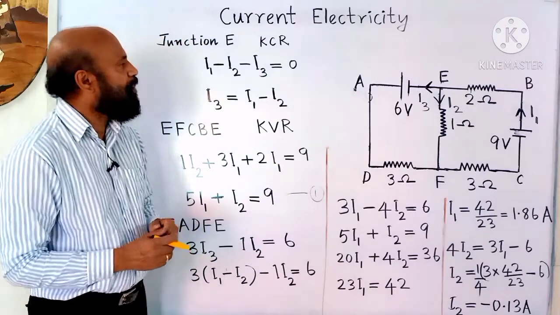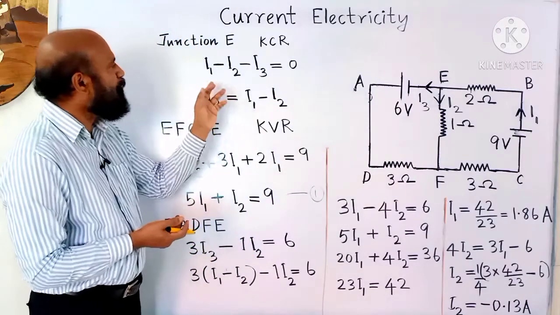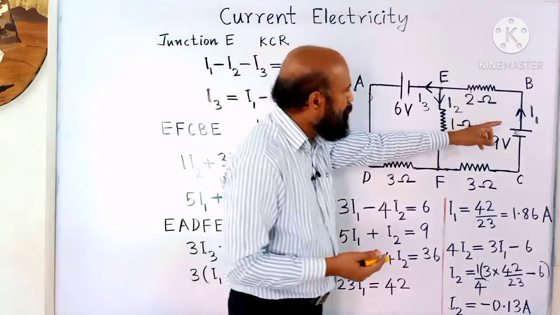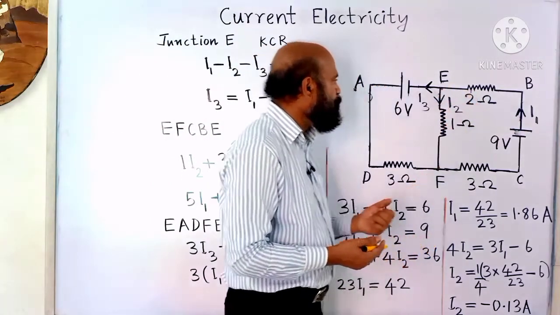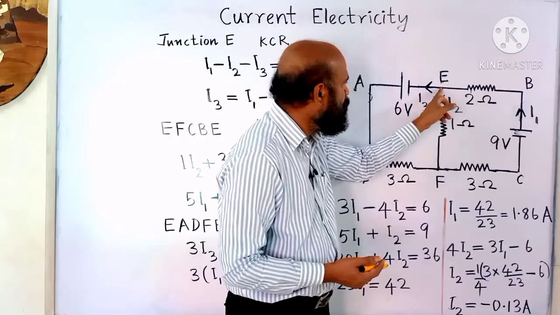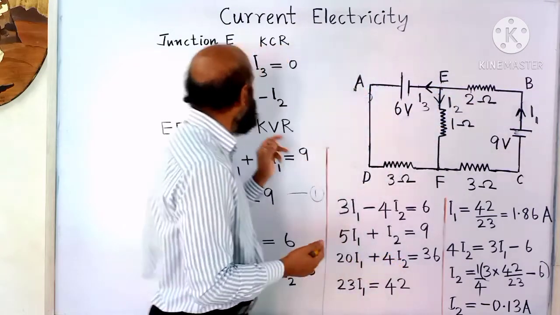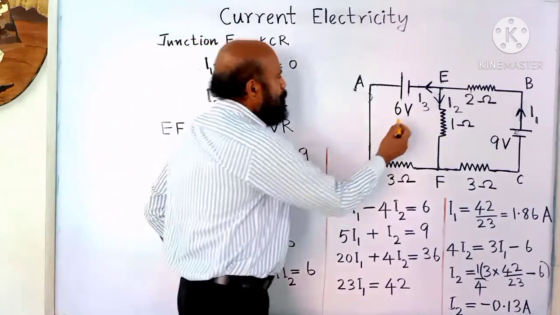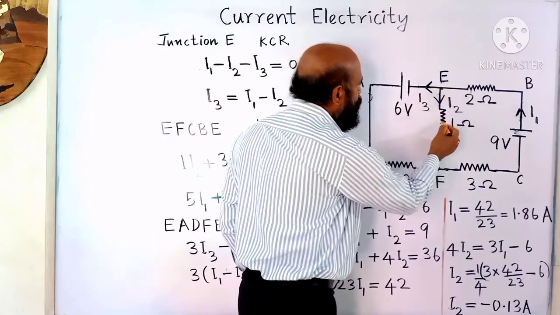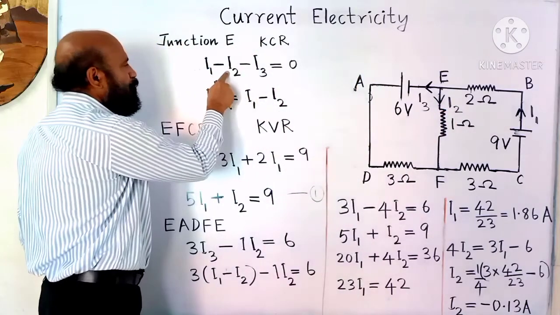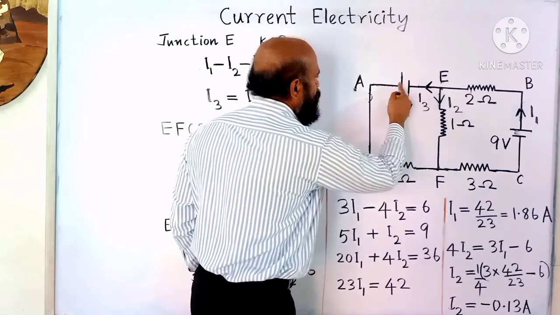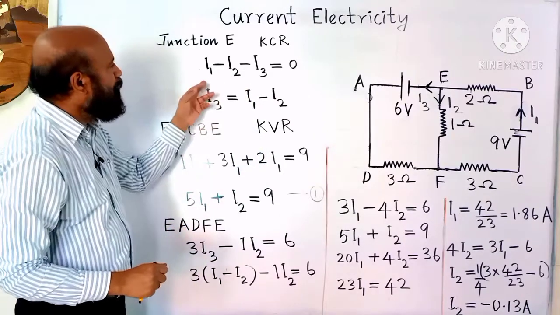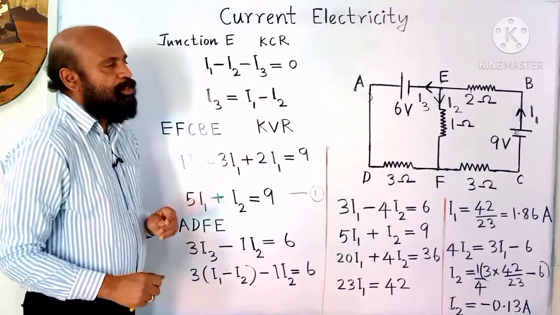According to the current rule, the algebraic sum of currents meeting at a junction in a circuit is 0. The convention is that current coming towards the junction is positive. See, I1 is coming towards the junction, so plus I1. Now I2 is going away from the junction, so minus I2. I3 is also going away from the junction, so minus I3. The algebraic sum of currents meeting at a junction is 0.